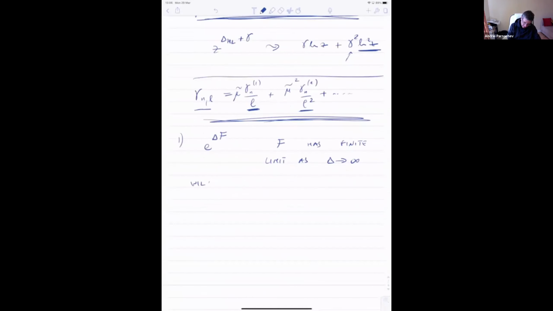So the Wilson line produces this f with delta equals infinity. It's basically some elliptic integrals, hypergeometric functions.